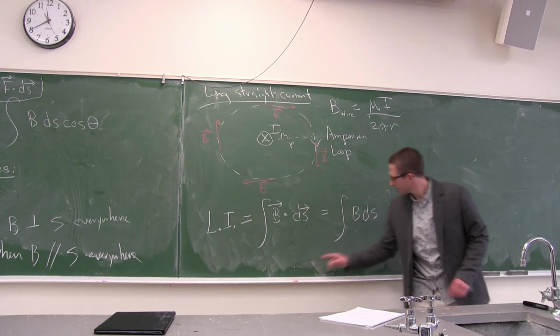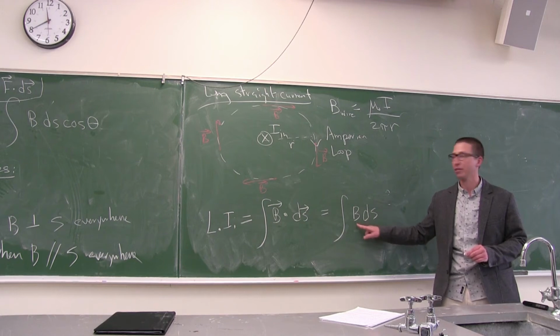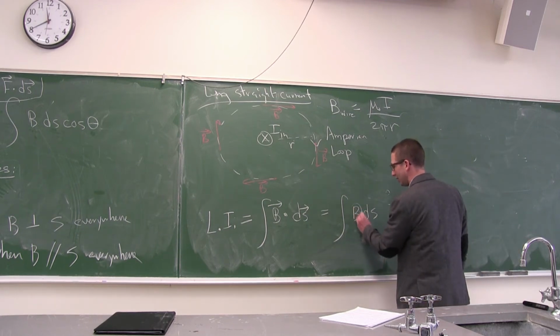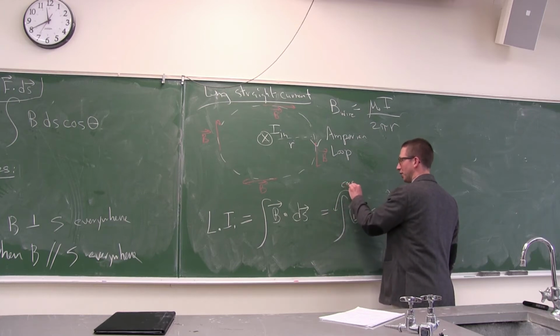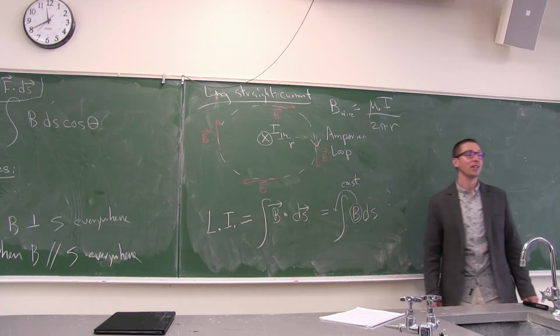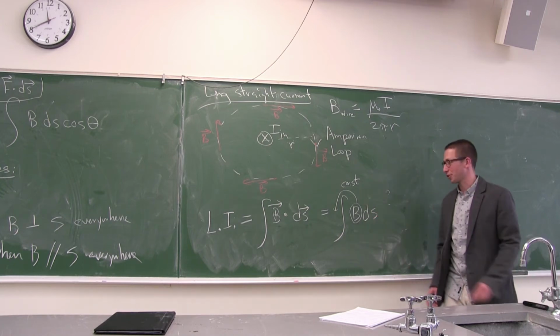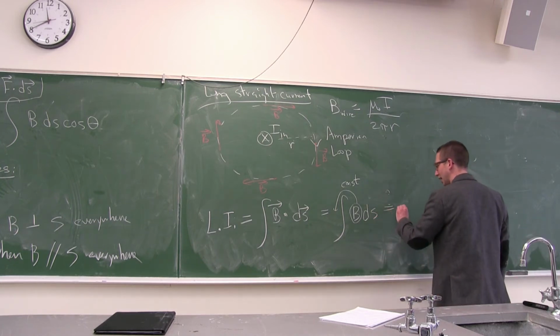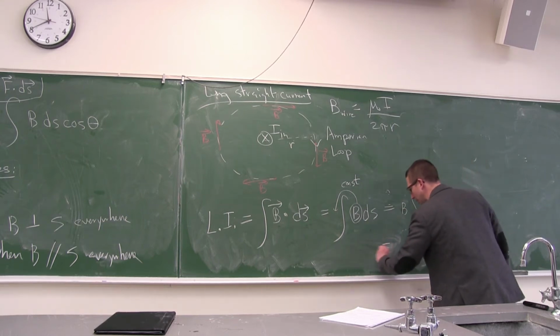Now, the other thing I can do here is, everywhere along this path, B is constant. That loop has a constant radius, so as I integrate around the loop, I can just take the B outside the integral, and what I get is B times the integral of ds.